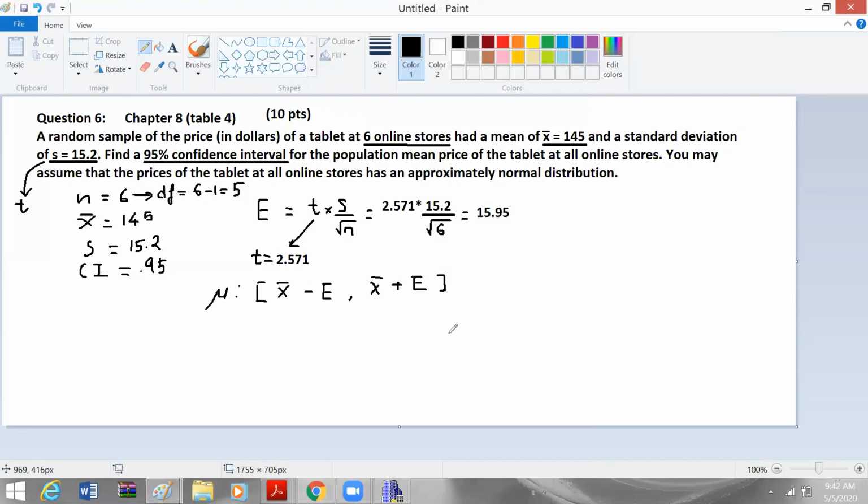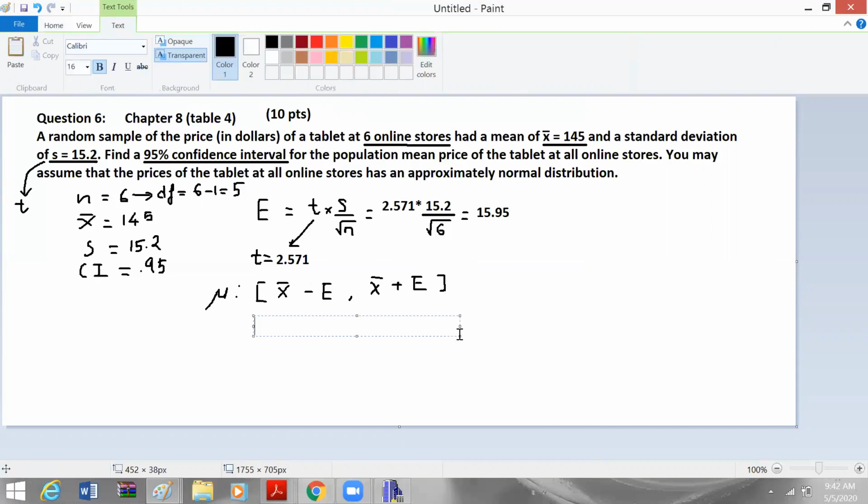All we need to do in this case, the x bar, we haven't touched it, so we take 145 minus 15.95, and then after that, we take 145 plus 15.95.